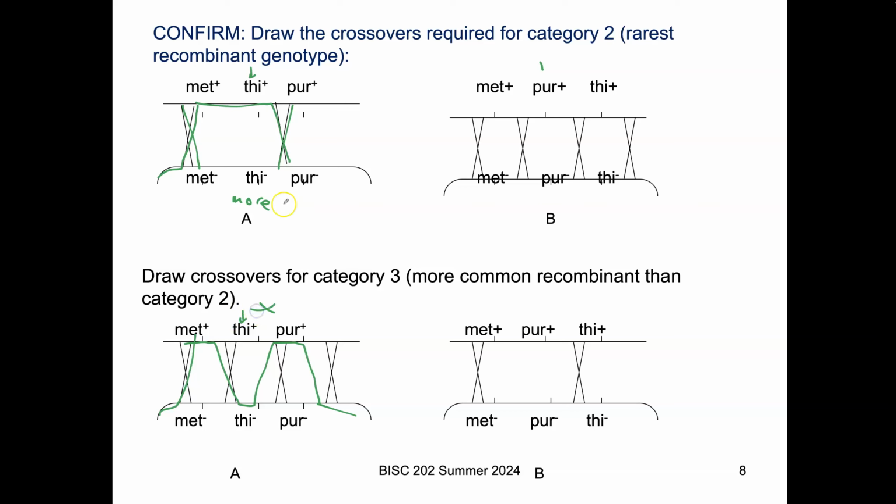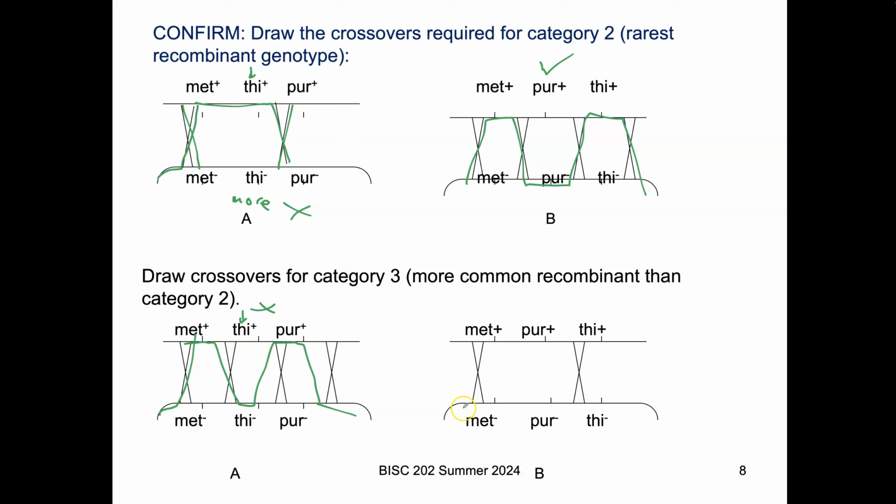And both of these show that that isn't the correct order. But both of these, I'll fix this. I see it's out of alignment somehow when I full screen it. This one actually does give us, if we do 4 crossovers, then we get methionine wild type, purine mutant, thymine wild type, right? So that agrees.